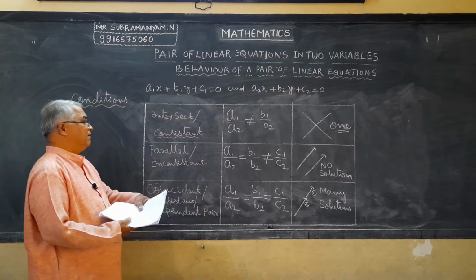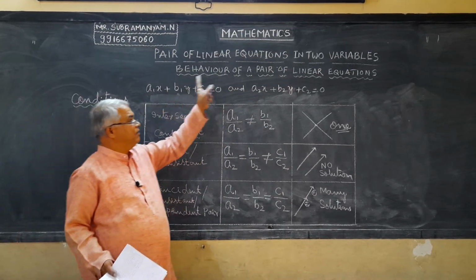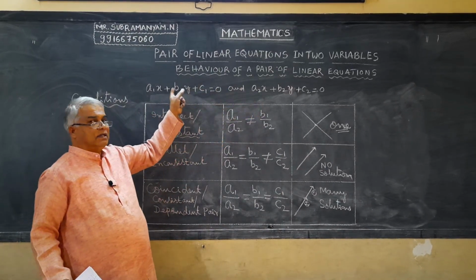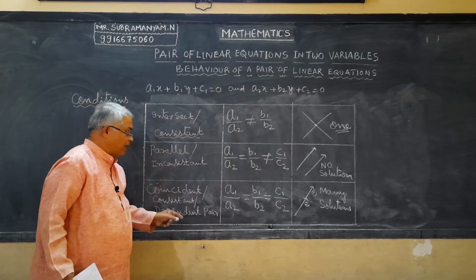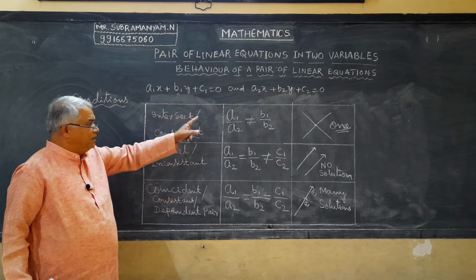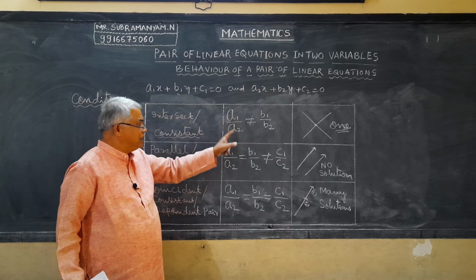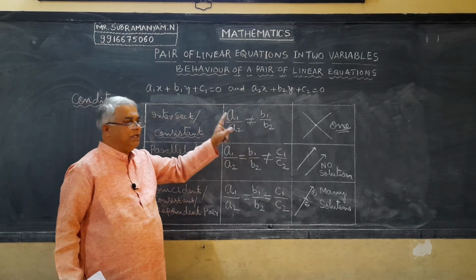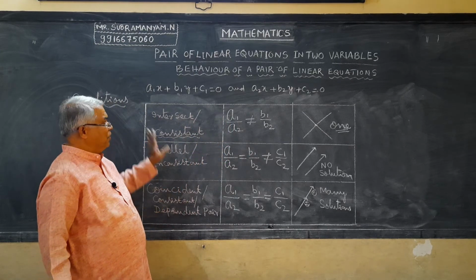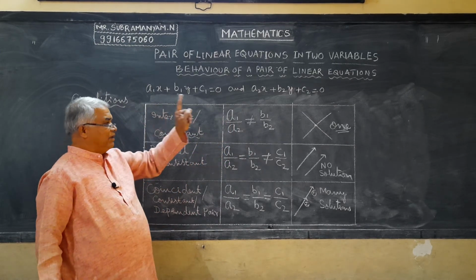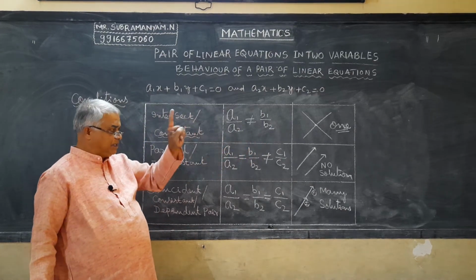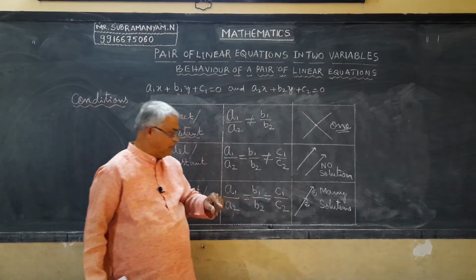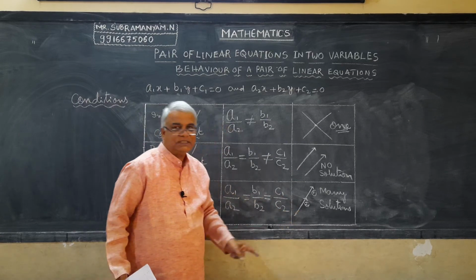So when a pair of linear equations is given, we can find by the values of the ratios a1 by a2, b1 by b2, c1 by c2 whether the equation has one root, no root, or many roots.